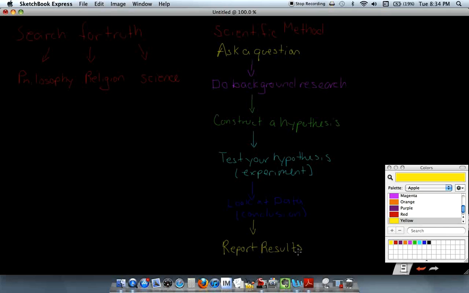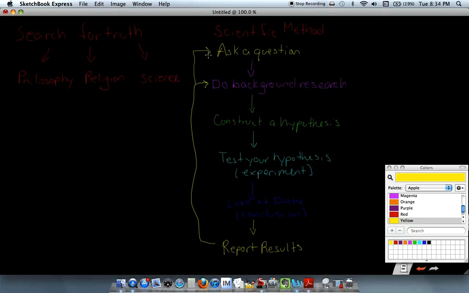Maybe in a journal, maybe on the internet. And what this reporting of results allows people to do is it aids them in doing their background research. And it might even take you further. You might even read something and it might cause you, based on observation, to ask an even different question.